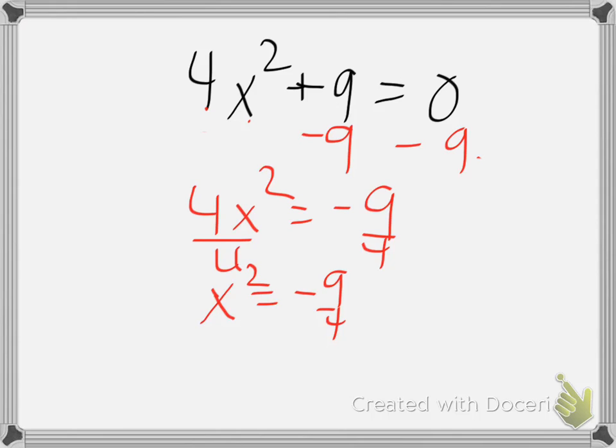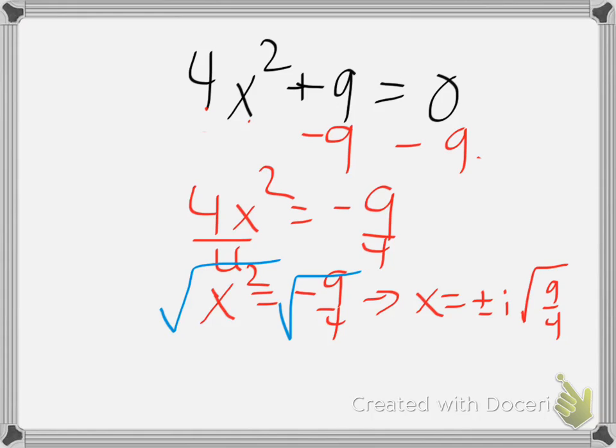And now, to solve, I want to take the square root of each side. Now since I have a negative, what I'm going to do is pull it out. So I'm going to have instead x equals plus or minus, again because I'm taking the square root, i. Now I'll have just the square root of 9 fourths.